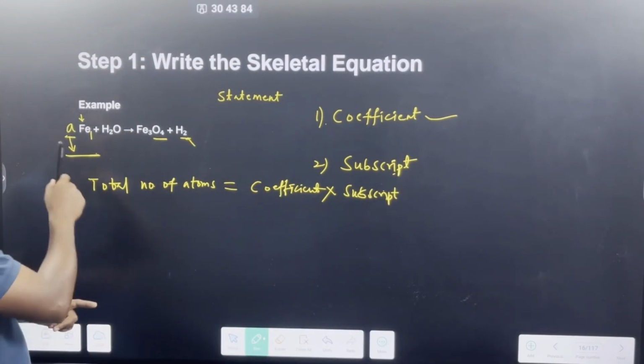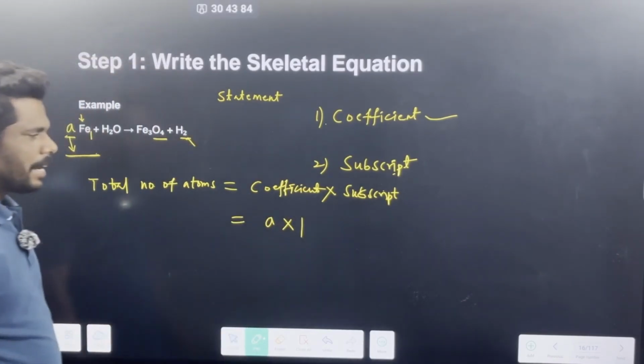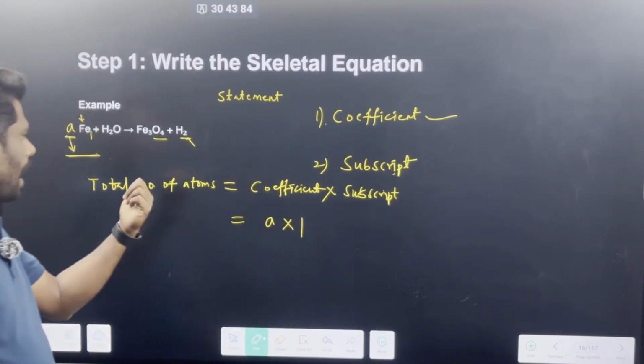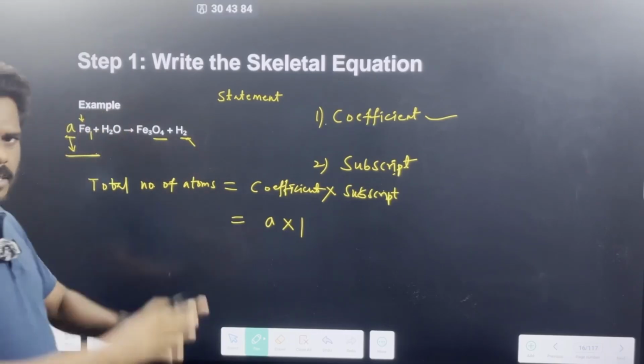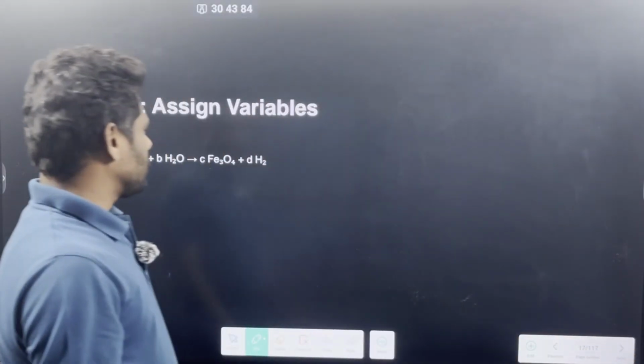Suppose the coefficient for iron is A here, and the subscript for iron is 1. So A into 1, that is 1A, is the total number of iron atoms on the reactant side. In the same way, we can count the total number of atoms in any case.